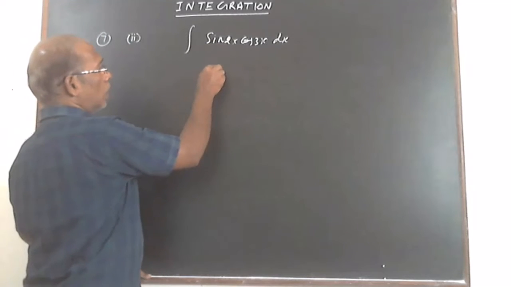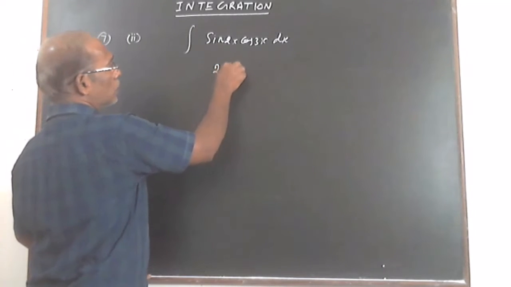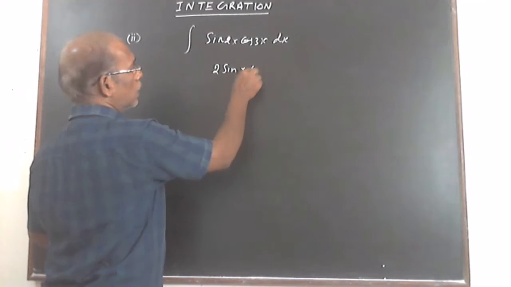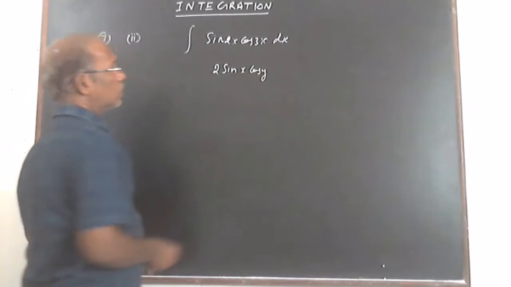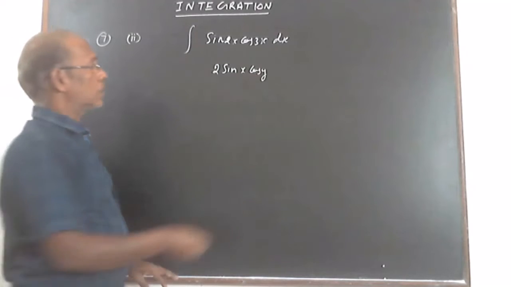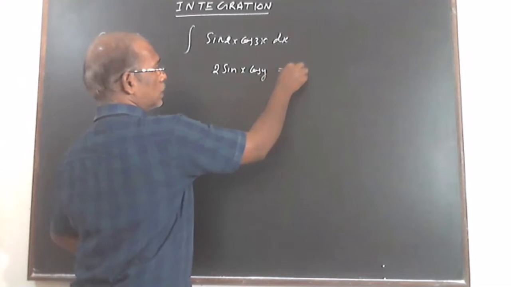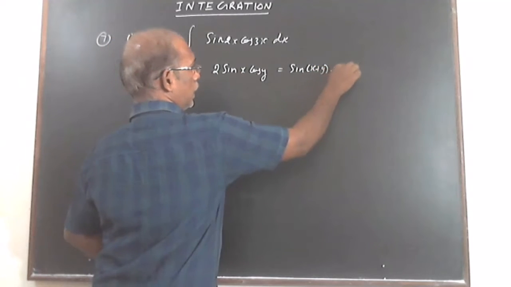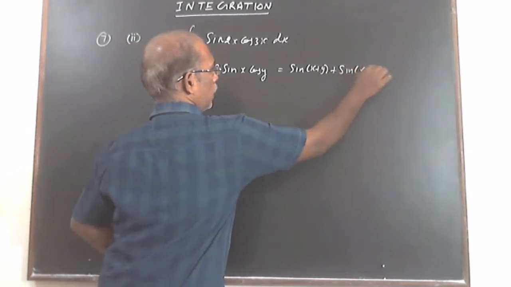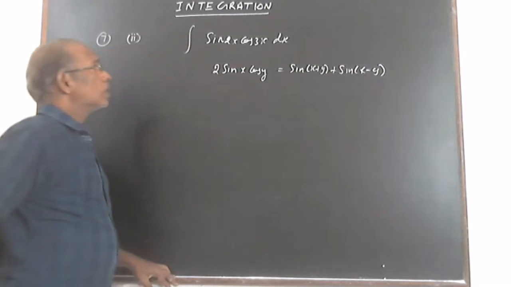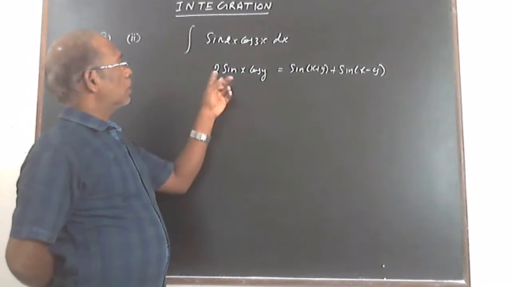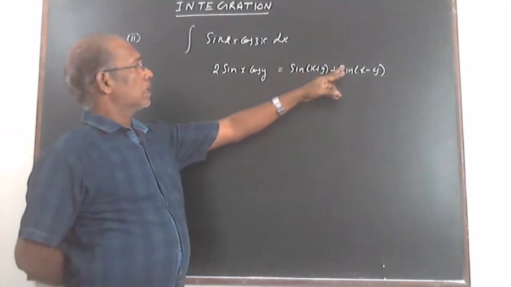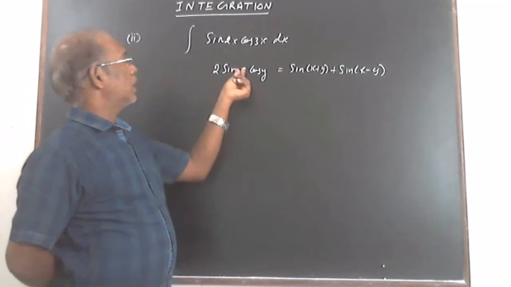Actually, 2 sin x cos y is sin of (x plus y) plus sin of (x minus y). So 2 sin x cos y equals sin of x plus y plus sin of x minus y.